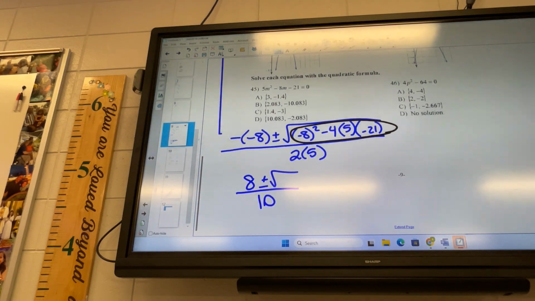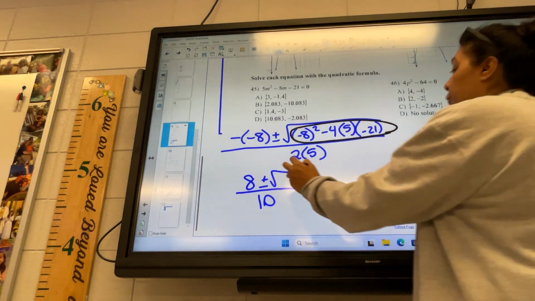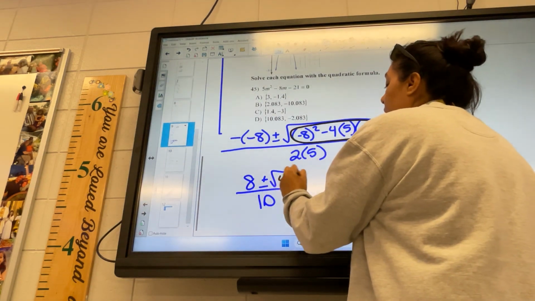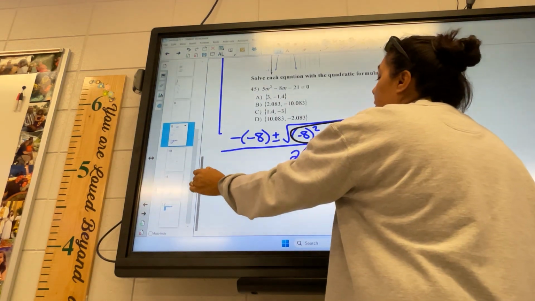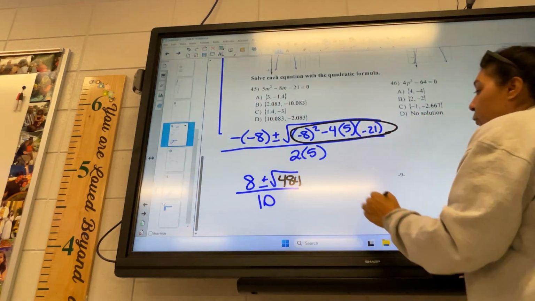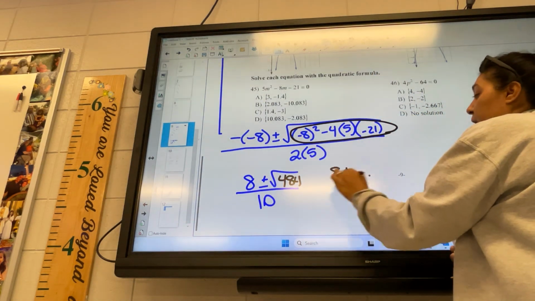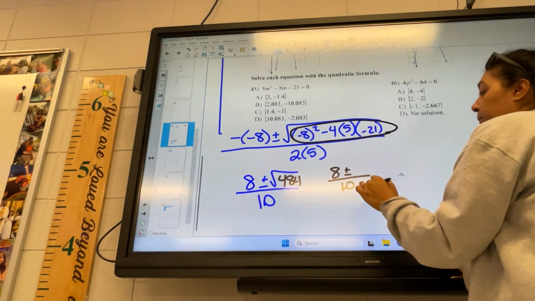What did you guys get? 484. Okay, now hit your radical button or your house button, say 484 with the house. What does that give you?